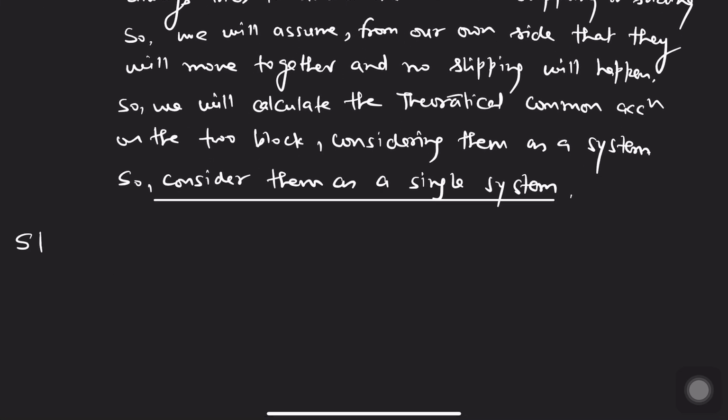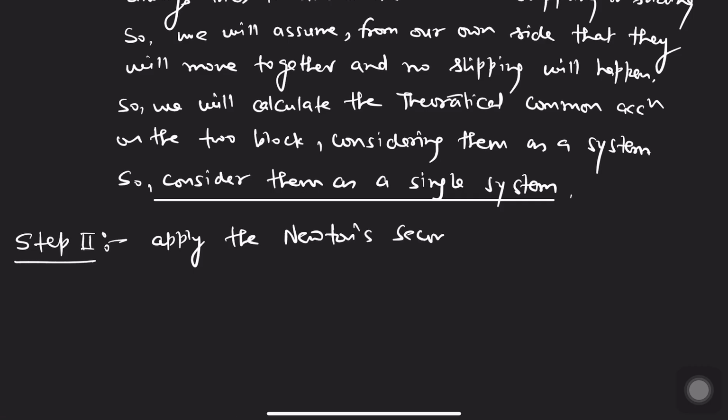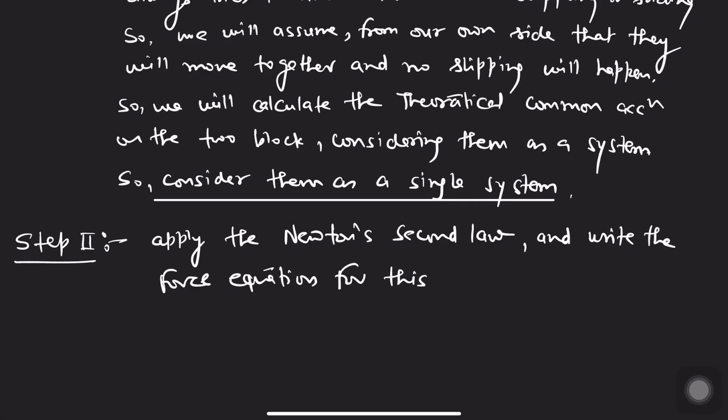So step 2 says: apply Newton's second law and write the force equation for this system that we have taken.